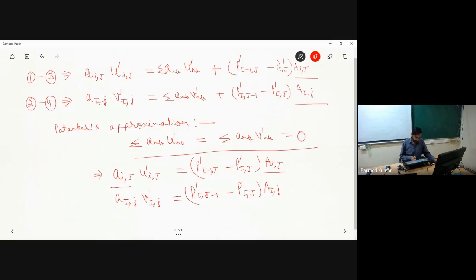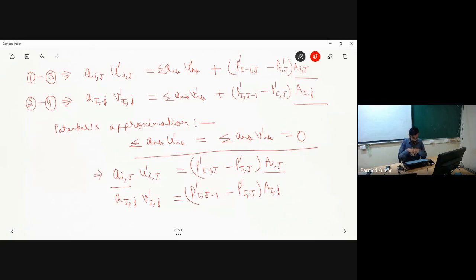Similarly, we have found the relationship between the velocity correction term and pressure correction term for the vertical component of the velocity. So by using these correction terms, if we know any one of the corrections, either velocity or pressure, we will be able to determine the correction term for the other.